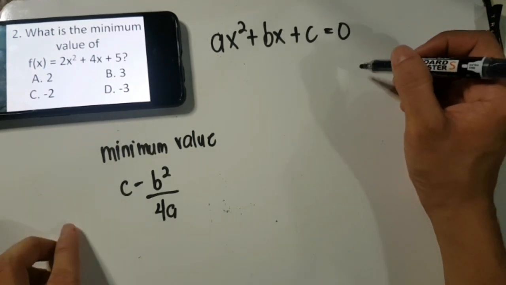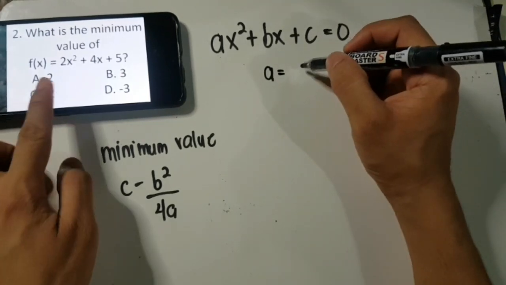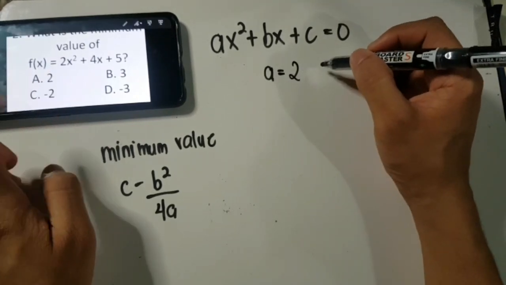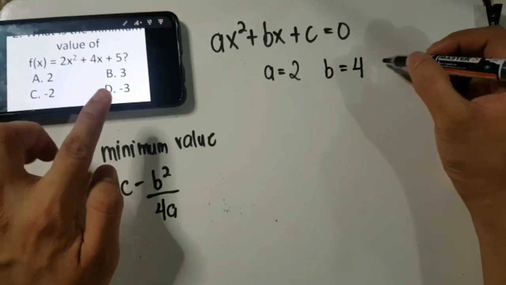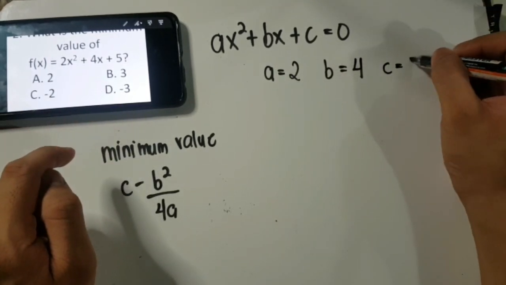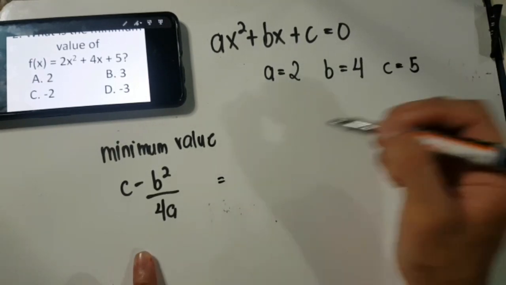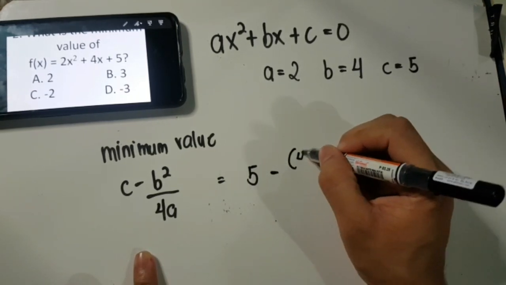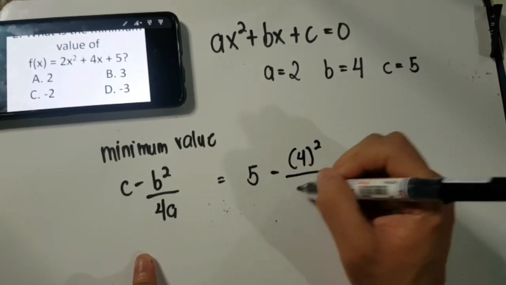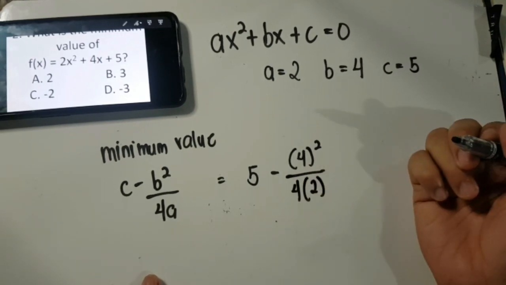So, kuhanin natin siya dito sa equation natin. So, a is equal to 2. Sorry. B is equal to 4. And C is equal to 5. So, substitute lang natin siya dito. So, C is 5 minus 4 squared over 4 times 2.